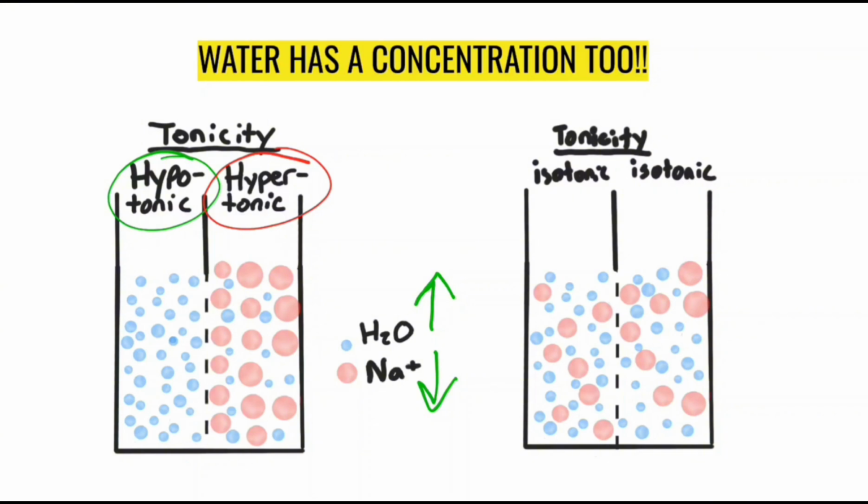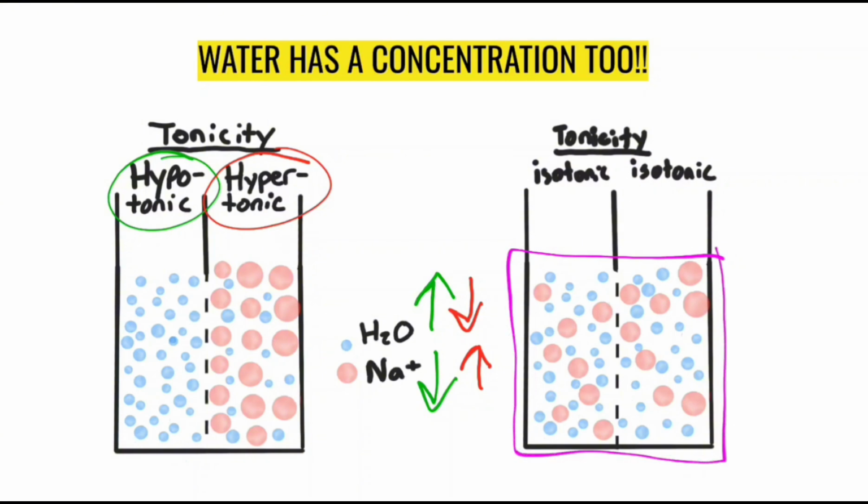That means that there is more of the impermeable particle and therefore less water. Now, if we have two solutions that have the same concentration of the impermeable molecule, then we call these isotonic solutions. So when it comes to tonicity, we need to understand hypotonic, hypertonic, and isotonic solutions.